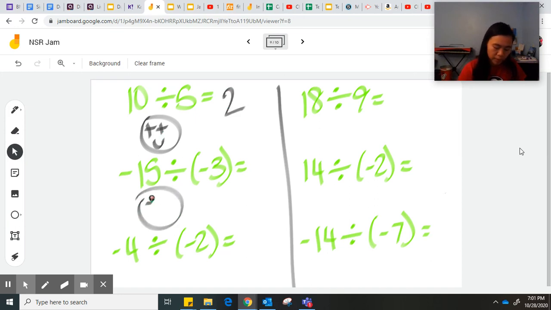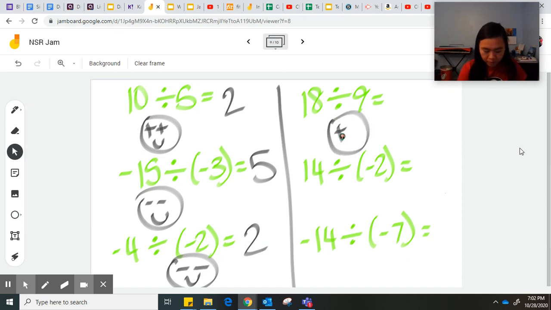We have a negative 15 divided by negative 3, matching eyes, still going to be positive, so it's going to be positive 5. Okay, negative 4 and a negative 2, matching eyes, smiley face, it's going to be positive 2.